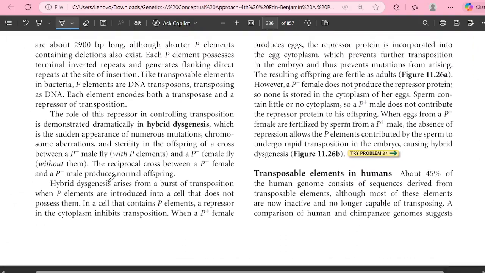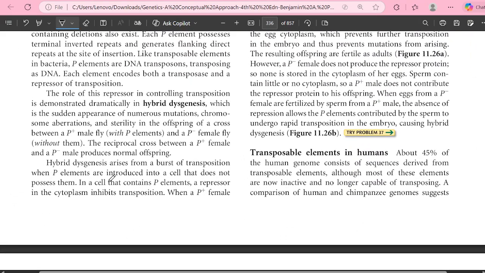Okay, this is very important and you have to listen to it very carefully. So the P elements are approximately 2900 base pairs long. They move by, sorry, not copy paste, by cut and paste.